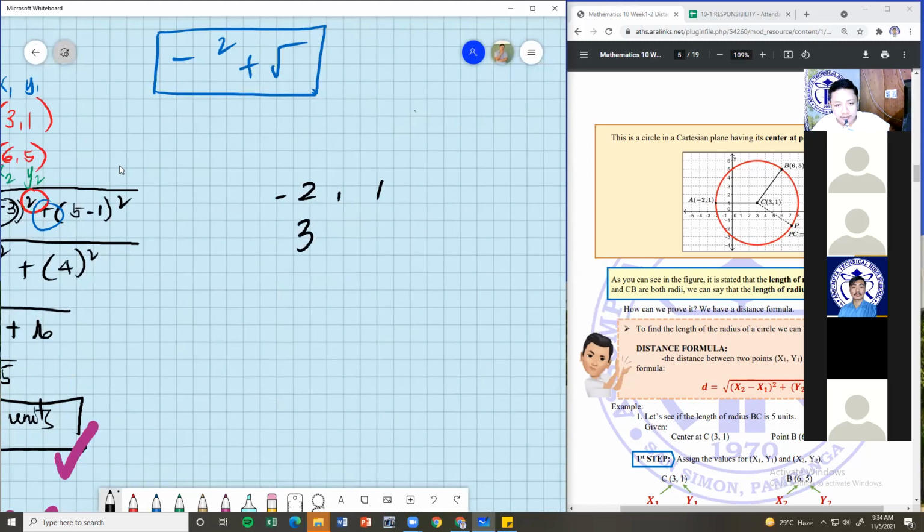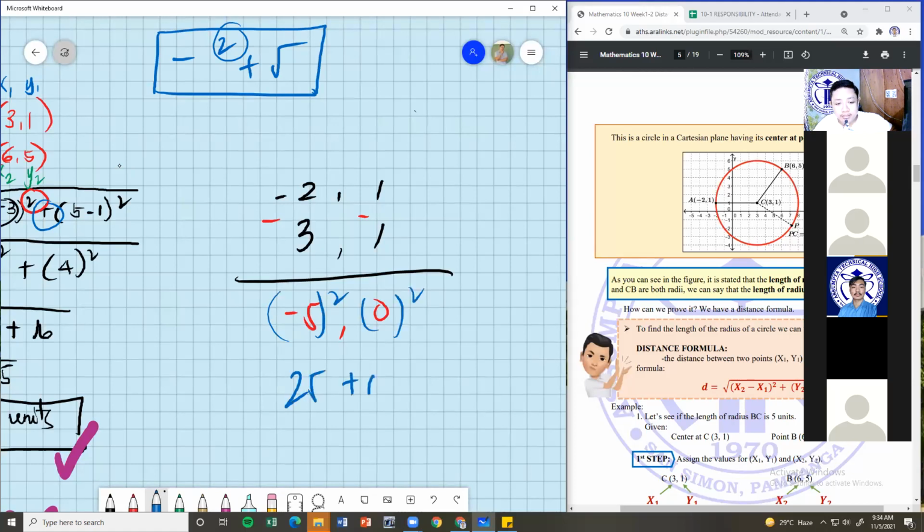So, the process: subtract. Negative 2 minus 3, negative 5. 1 minus 1, 0. And then, squared. Squared, that's 25. Plus 0, wala na yon. Kapag 0 na, di na sinusulat. Dahil wala namang pina-plus, wala na siya.